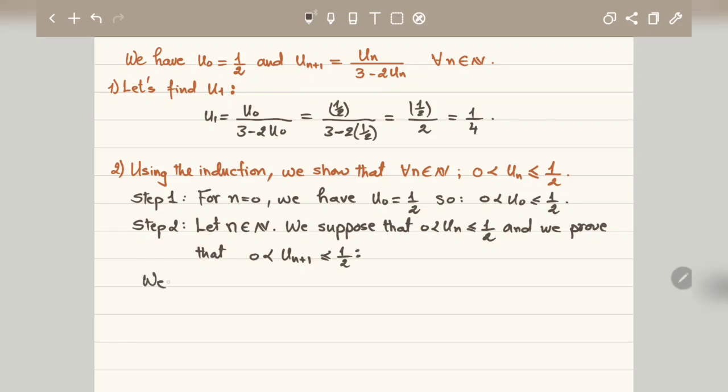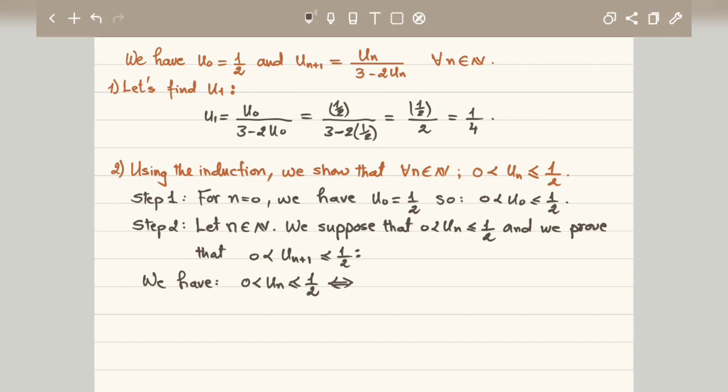We have un between 0 and 1/2, if and only if... The idea of this step is that we frame un+1 by using un.